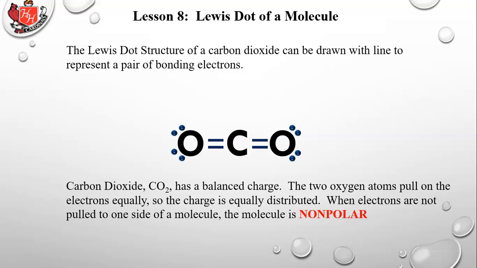So carbon dioxide is a nonpolar molecule. The oxygens are pulling equally in both directions, so it doesn't have a positive side and a negative side. Generally speaking, when molecules are symmetrical, when they look even and balanced, they're nonpolar. When they look lopsided, the way a water molecule does with the hydrogen over on one side of the oxygen, then they tend to be polar.